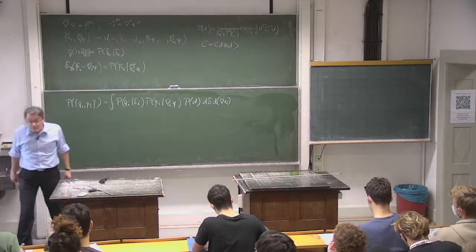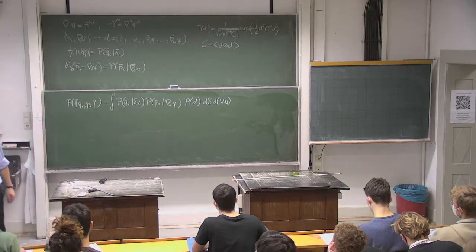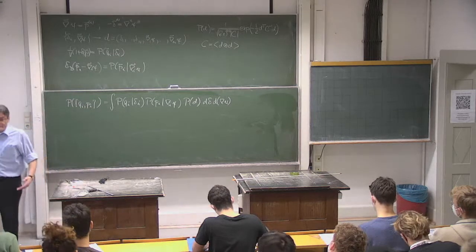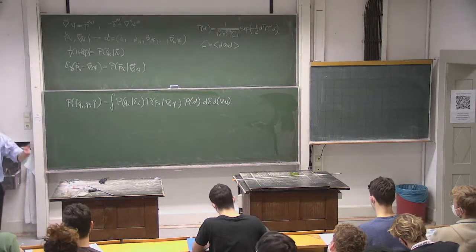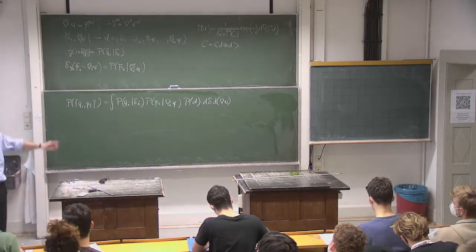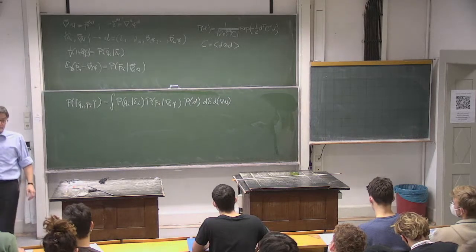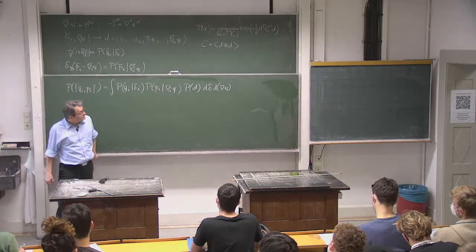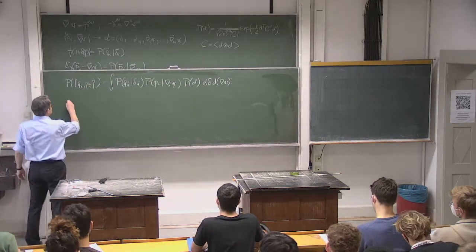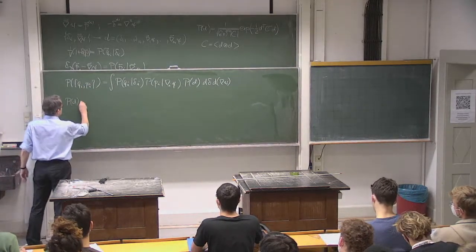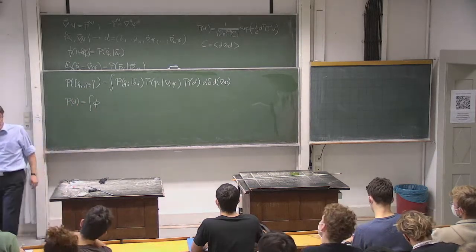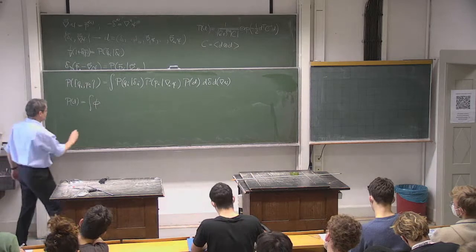And it's going to be much easier to deal with everything that is coming, in particular to deal with these integrations here, if we now switch to the characteristic function of our probability distribution P of D rather than the probability distribution itself. And so now I'm going to use that P of D is the Fourier transform of some characteristic function.